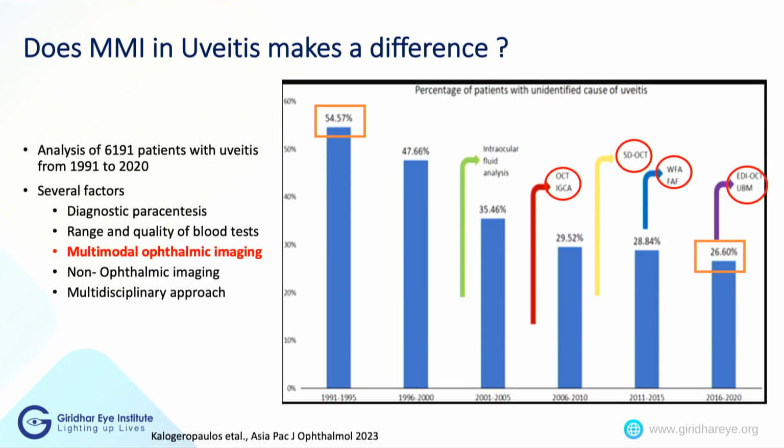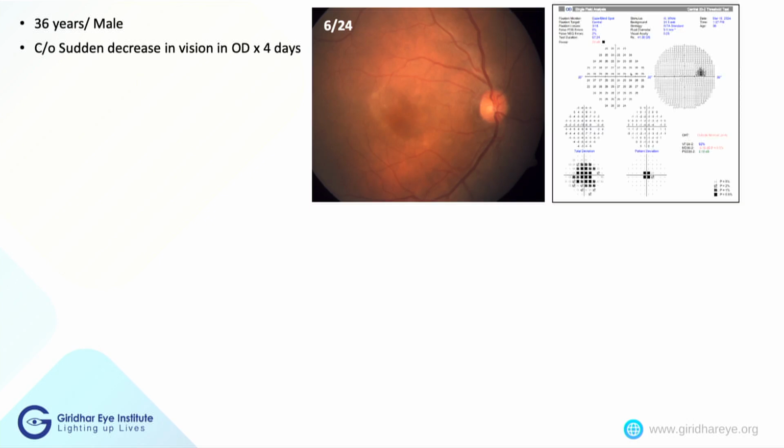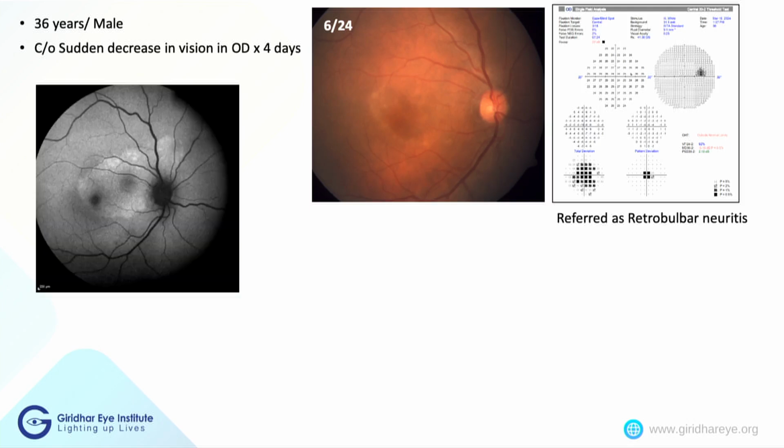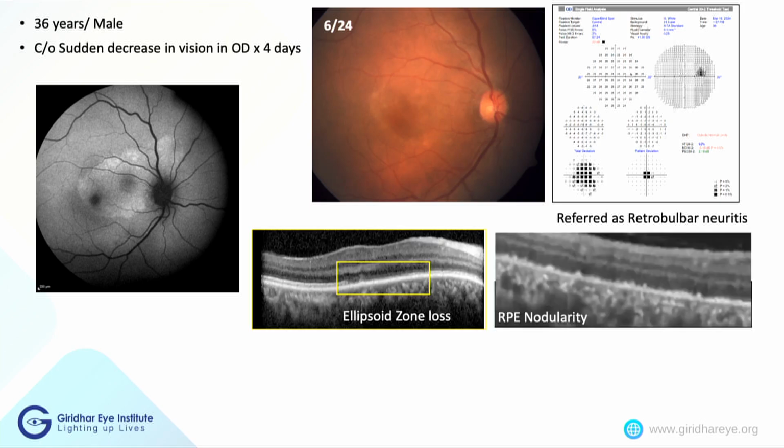So here I'll take you through some of our cases where the imaging really made a difference. This is a 36-year-old man who came with a decrease in vision. Fundus just showed some vague RP changes, and the person who saw him did a field which showed central scotoma, and he was referred as retrobulbar neuritis. But the autofluorescence showed a classical hyperautofluorescent lesion with ellipsoid zone loss and outer retinal nodularity.